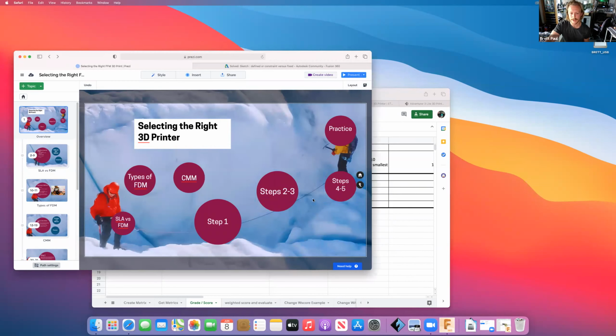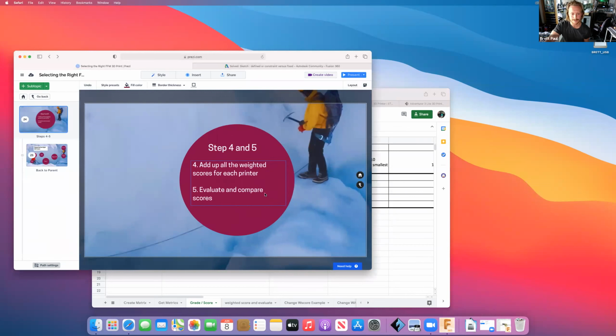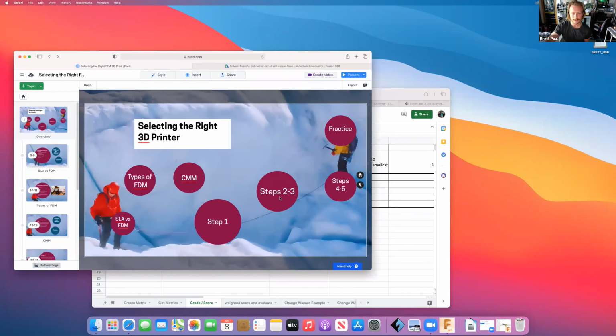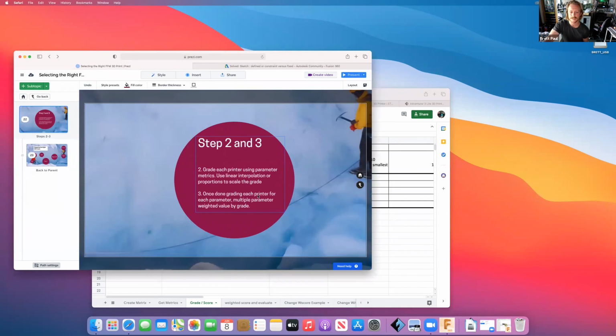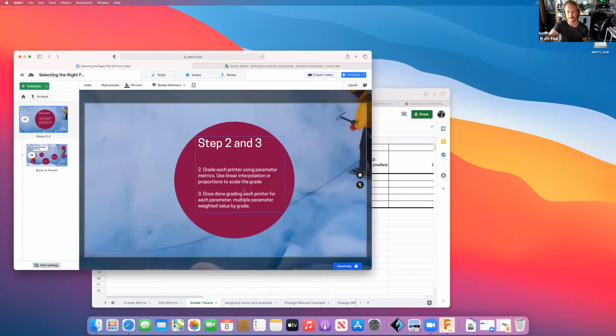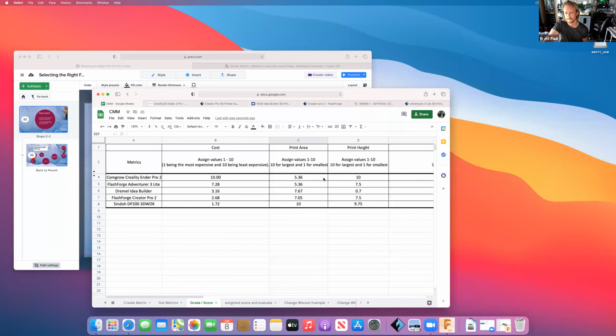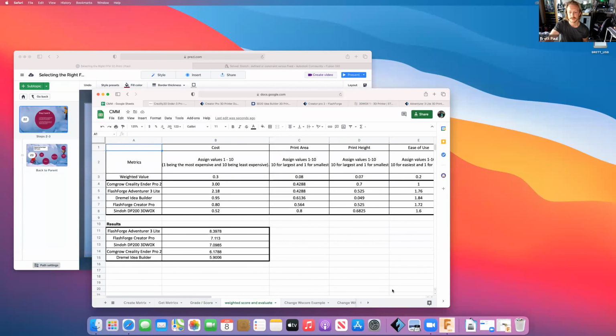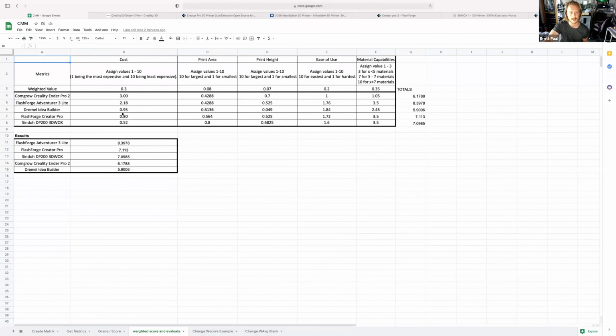Okay, so we've done steps. Oh, we're not done with step 3. So once done grading, which we've done here, this was the grading where we assigned a value of 10 to the best and scaled. So that was the grading step. Once we're done there, we're going to multiply that grade by the weighted value. Okay. So let me pop this screen up again.